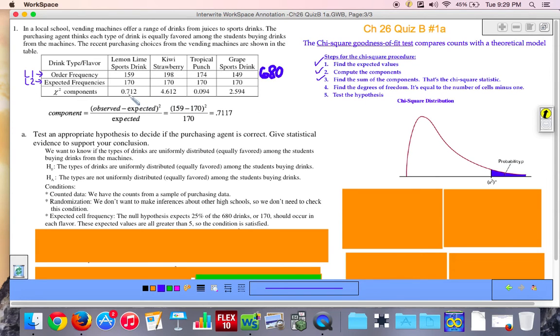So you're just adding 0.712 plus 4.612 plus 0.094 plus 2.594. That is our chi-square statistic. It's like a z statistic or a t statistic.